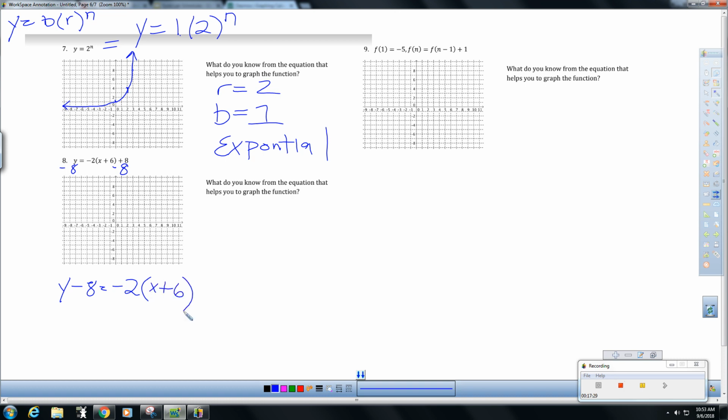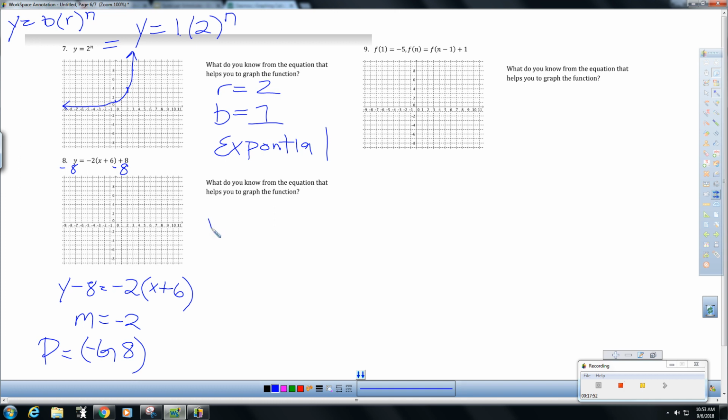Well, that's point slope form. What's our slope? M is negative 2, and the point on the graph is negative 6 comma positive 8. Okay? But that's not what I would really do, probably.